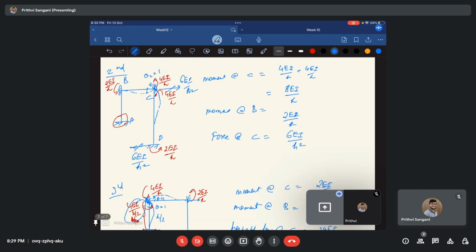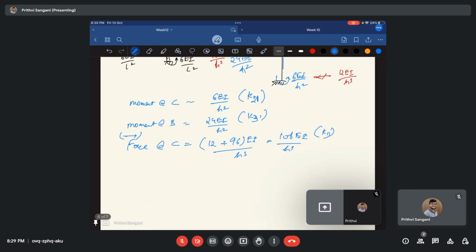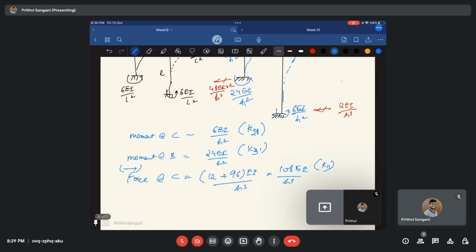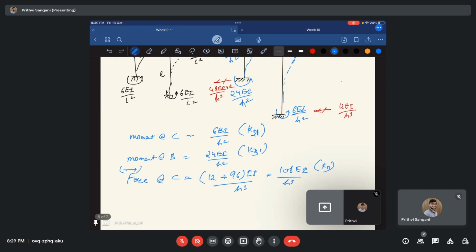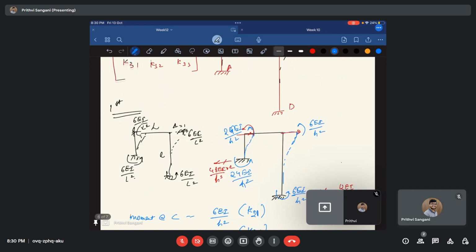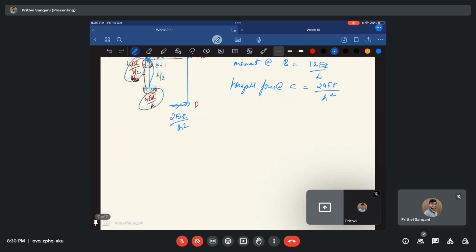Okay. Now we have obtained 3 columns. What are our 3 columns? Those are the 3 columns.